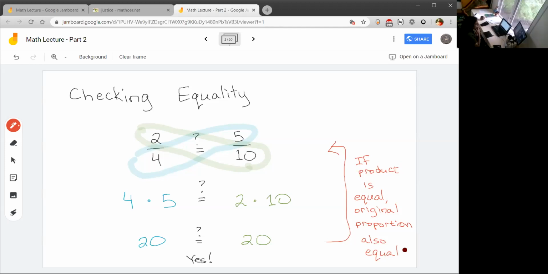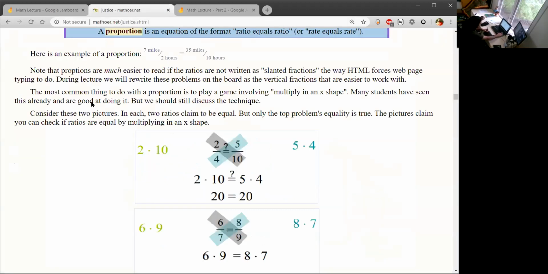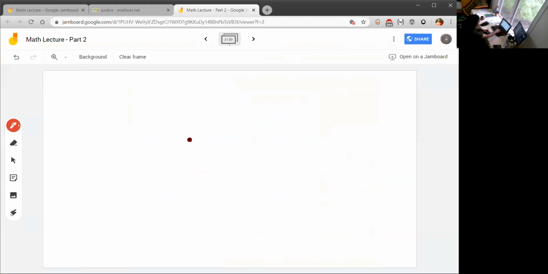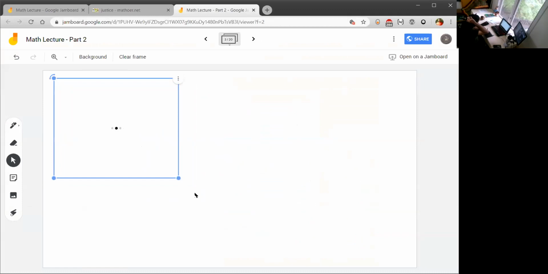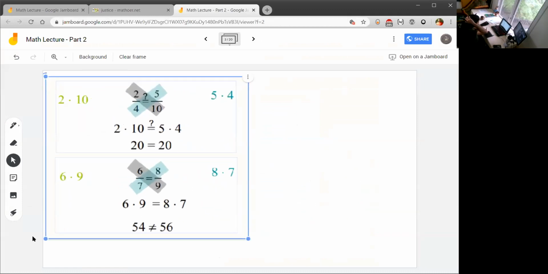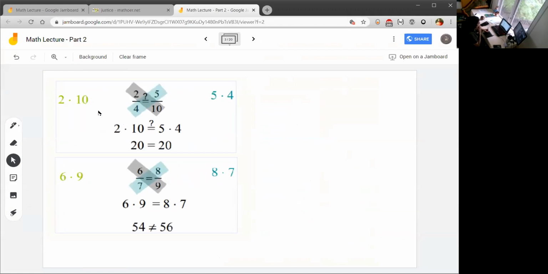So what's happening? Why does this always work? So here is a picture. Actually, I can get both of these on the screen. In the first example, it works out.